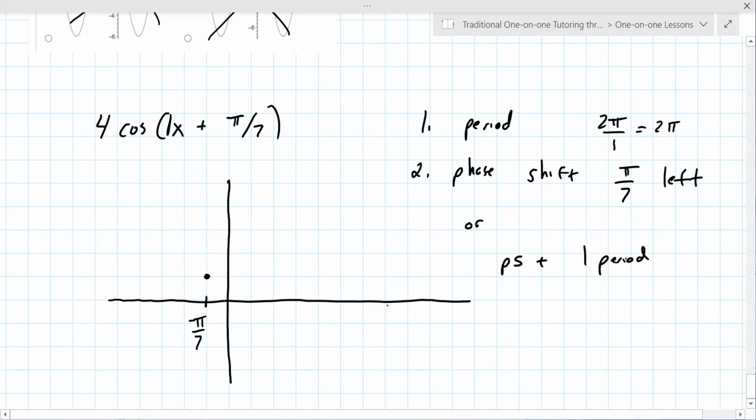Now, in either case, you need this information because your phase shift is minus pi over 7, plus 2 pi, which if we make a common denominator, it's minus pi over 7 plus 14 pi over 7. That equals 13 pi over 7. So this thing ends here at 13 pi over 7.